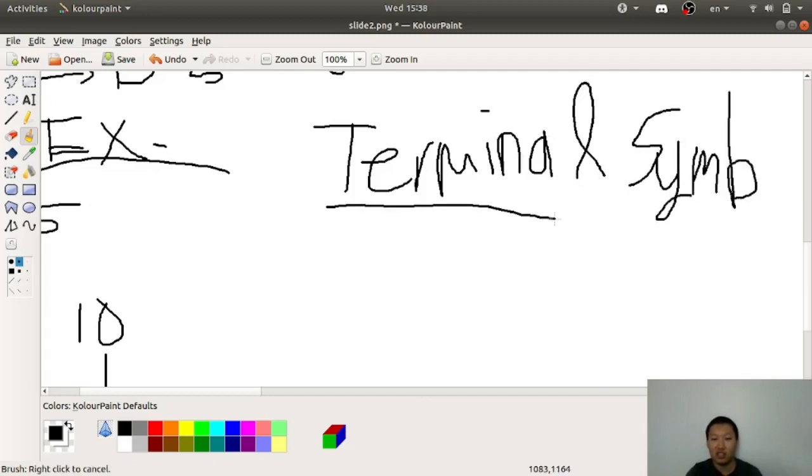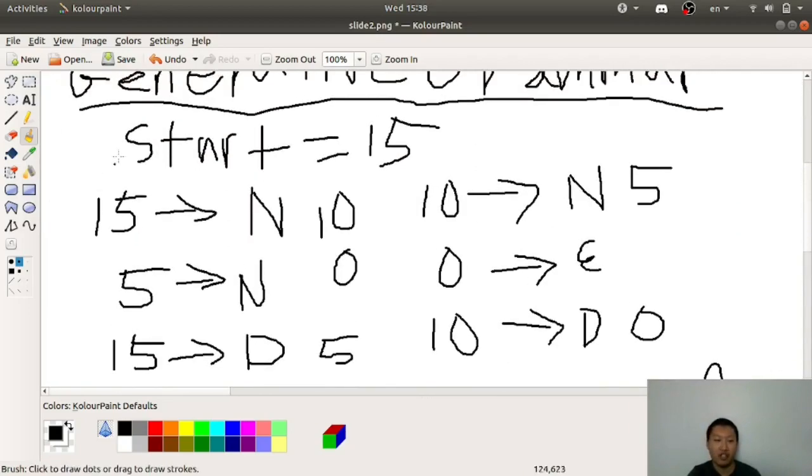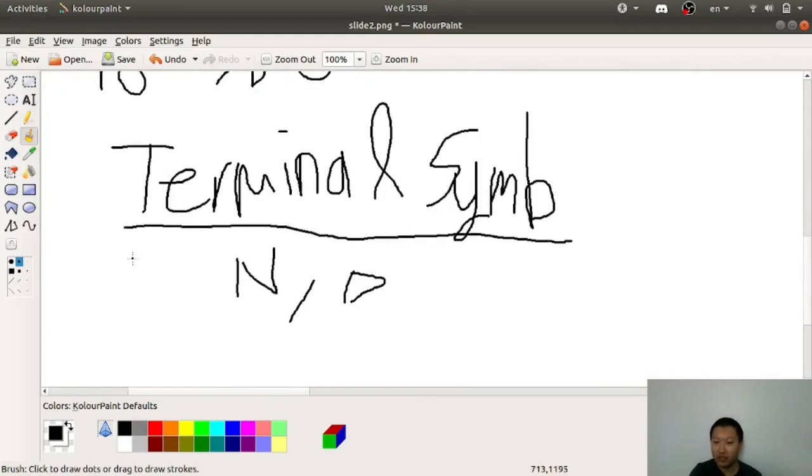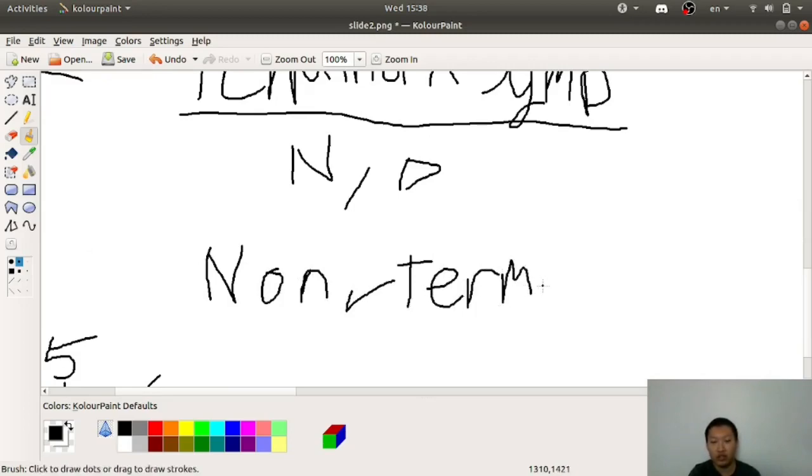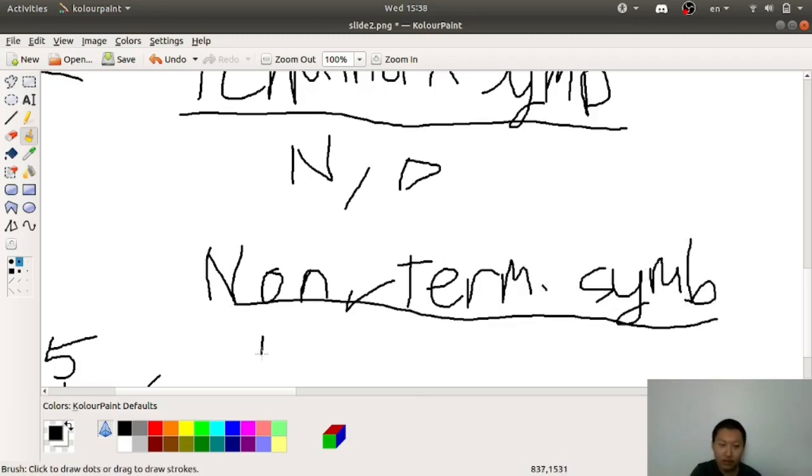So in this case, it's just N and D. And what about these intermediate symbols that we get rid of in the process of generating the string? Well, we're going to be a little bit uncreative, and we're going to call them non-terminal symbols. So the examples of those would just be the 15, the 10, the 5, and the 0, right?